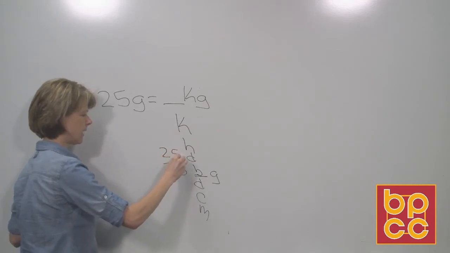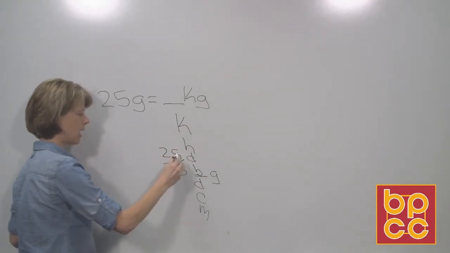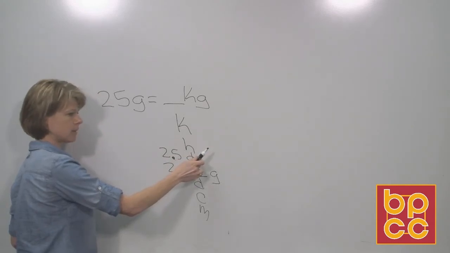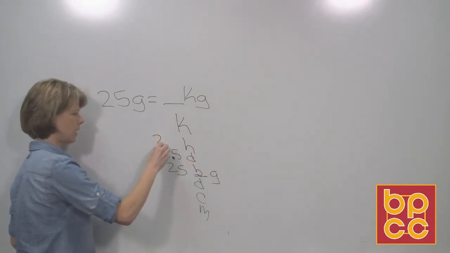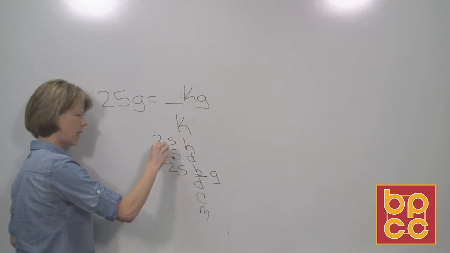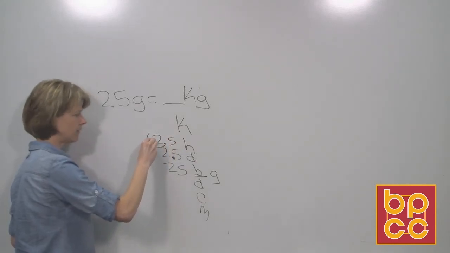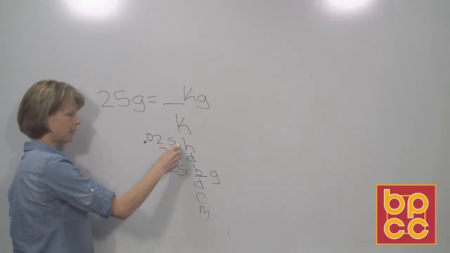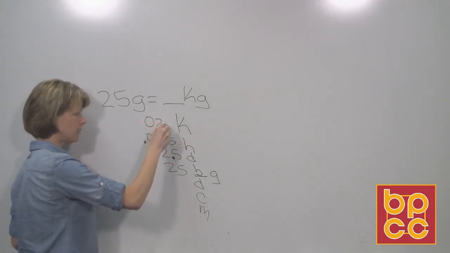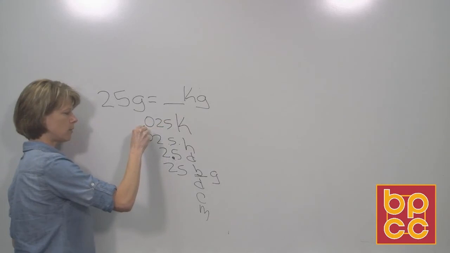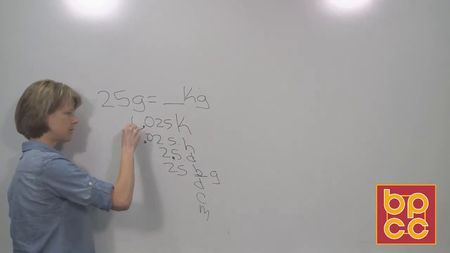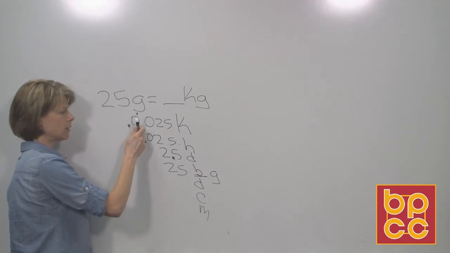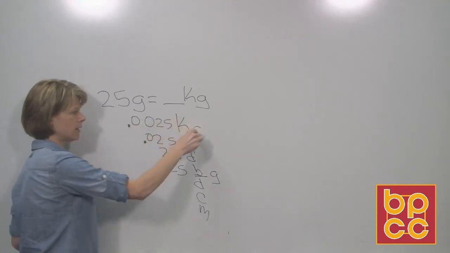So 25, move it over 1. I have 2.5 decagrams. As I move up, I would have 2.5. I'm going to move it over to the left. I'm dividing by 10, so I get 0.25 hectograms. Bring that up. Here's my decimal. Move it over 1 to the left because you're dividing by 10, and now I have 0.025 kilograms.